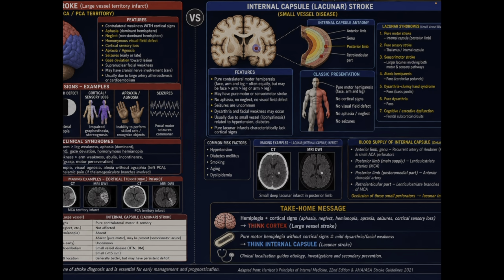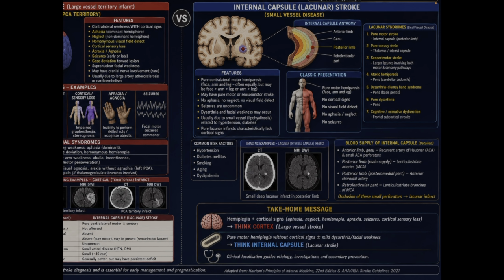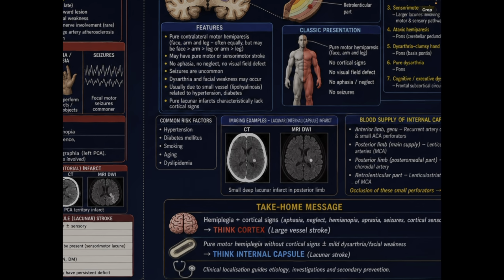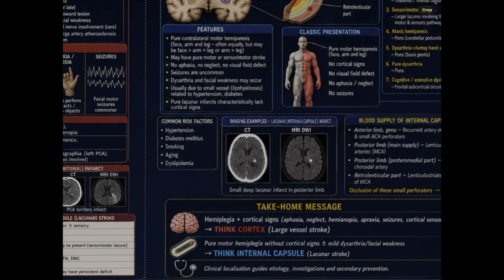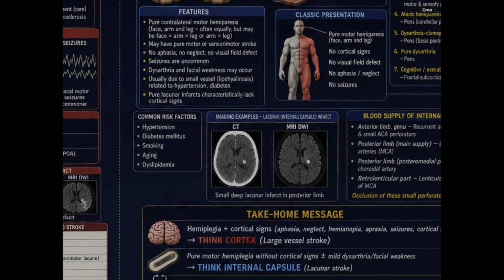Imaging correlation: CT may initially be normal. MRI diffusion weighted imaging is the most sensitive modality for acute ischemic stroke. Cortical infarcts follow a vascular territory and involve the cerebral cortex.